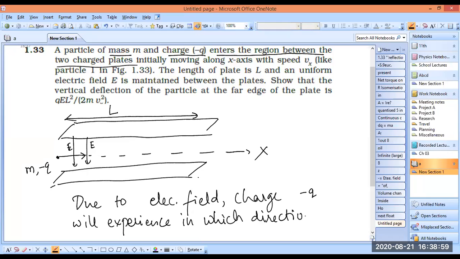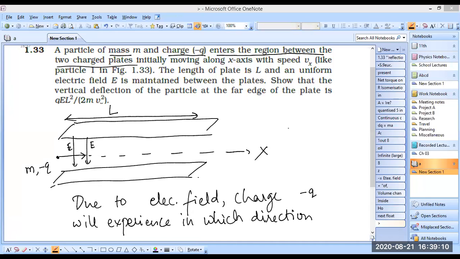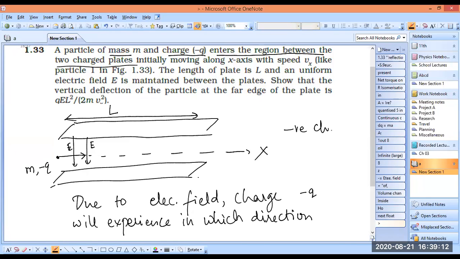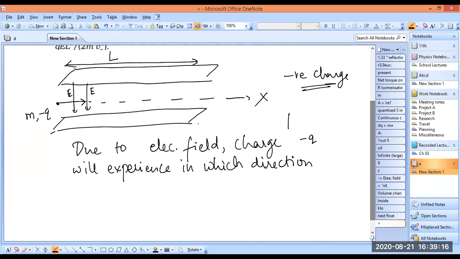If the electric field is downwards, the charge will experience force in which direction? Correct, because of the negative charge, the force is upwards. So the magnitude of the force will be q into E. Its acceleration can be found, but this force is in the y direction, right?